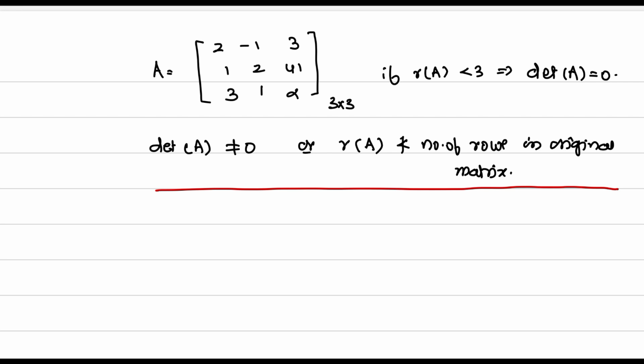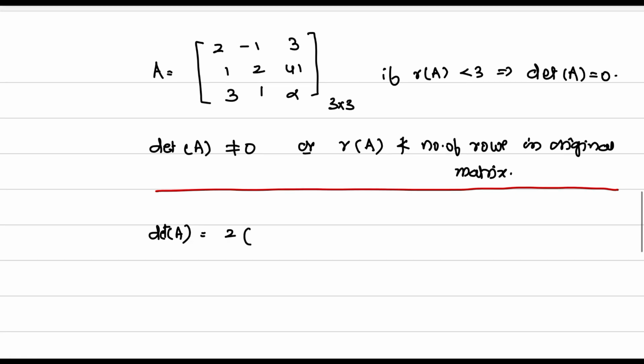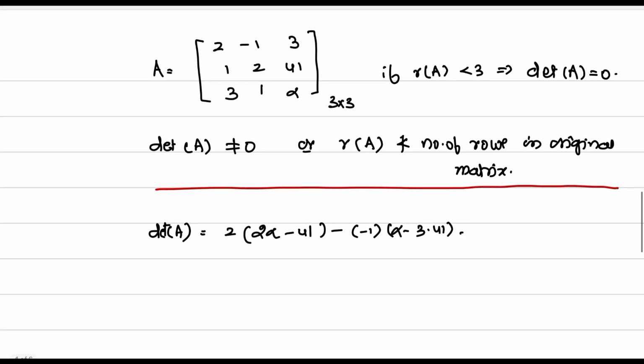Now, let us find out the determinant of A. 2 into (2 alpha minus 41), minus 1 into (alpha minus 3 into 41), plus 3 into (1 minus 6).